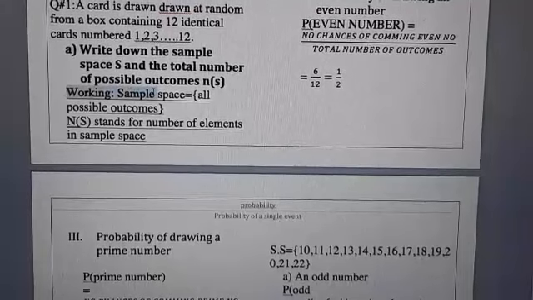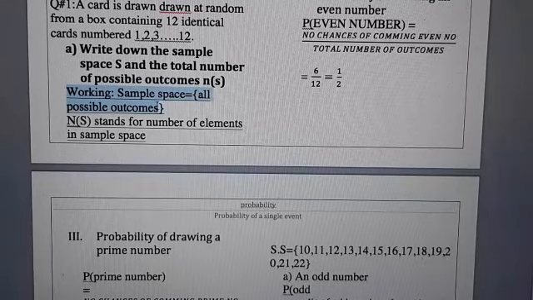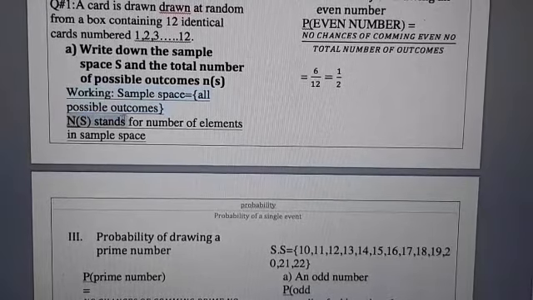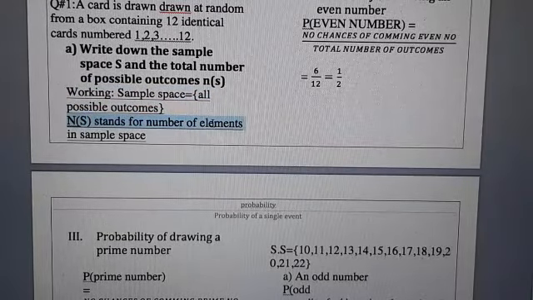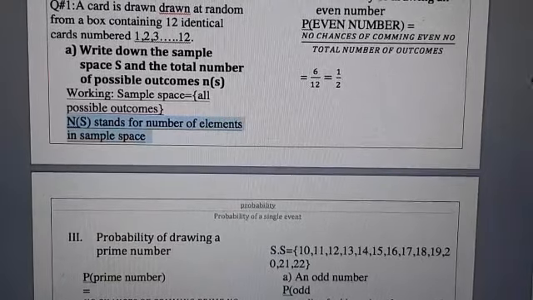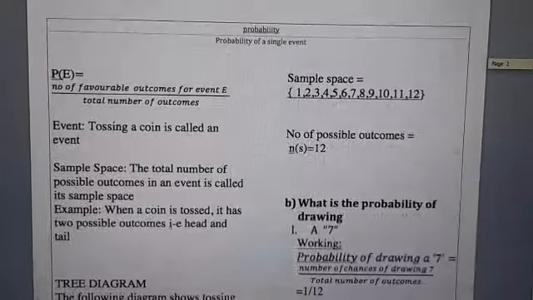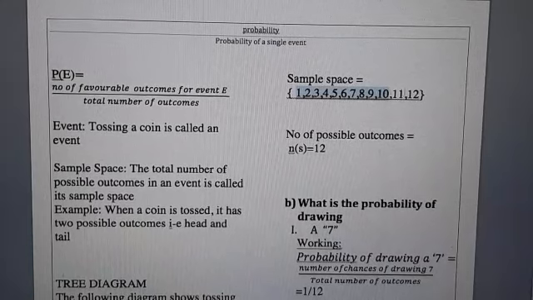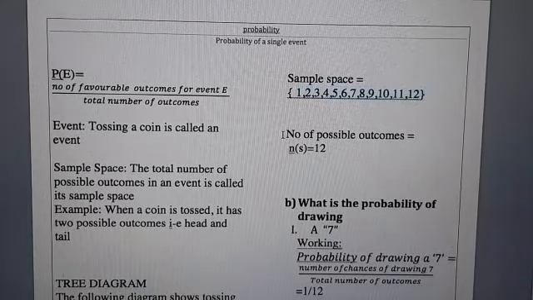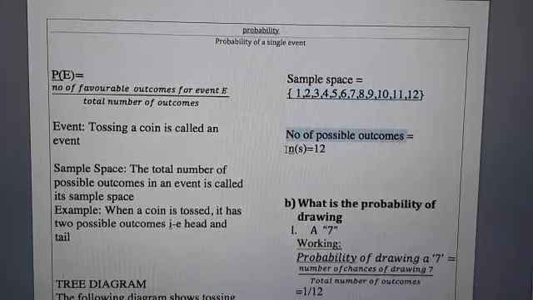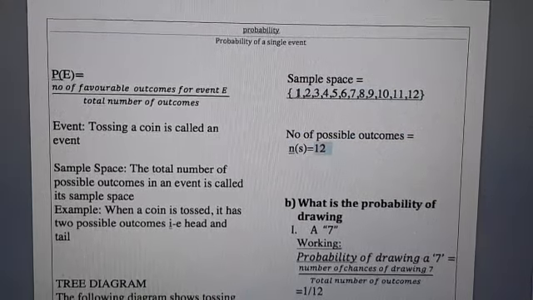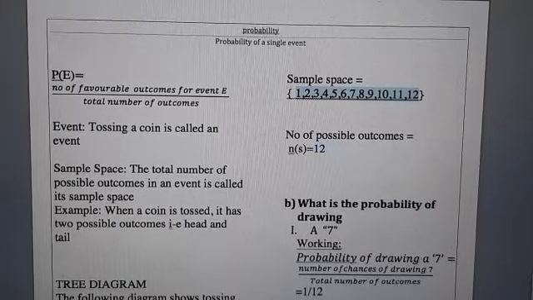The sample space is all the possible outcomes, whereas n stands for the number of elements in the sample space. The sample space here is the numbers on the cards, from 1 till 12, and the number of possible outcomes, represented by n, is 12, because we have 12 outcomes in this case.